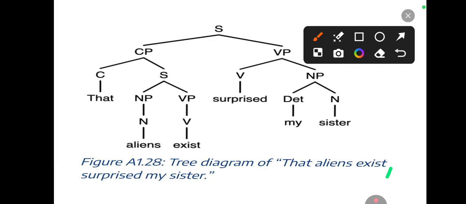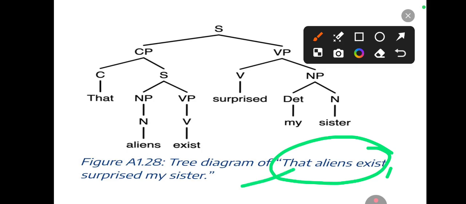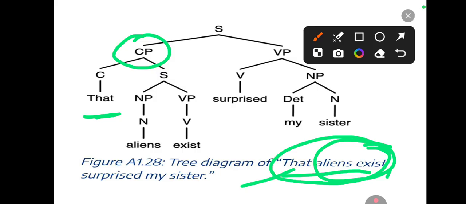So "that aliens exist" starts with "that", and that's a phrase, right? That's a complementary phrase. Why? Because this is an extra word, so that is connecting, right? It's a complement, so this is complement C. And then "aliens exist" is a complete sentence, divided like this.